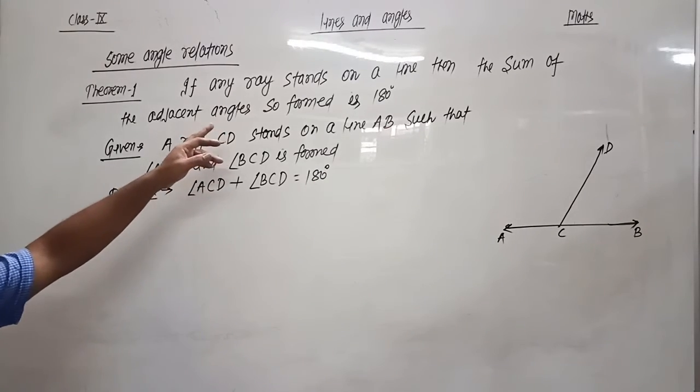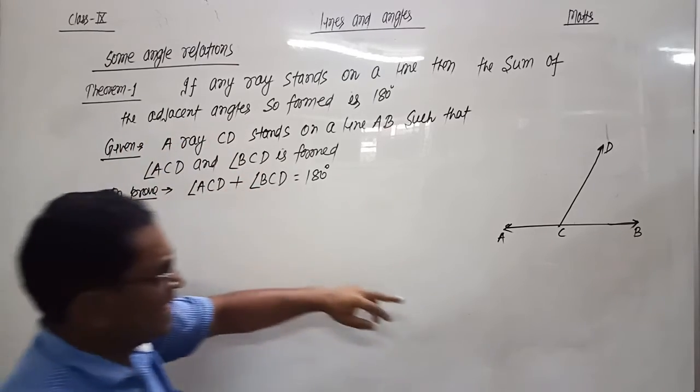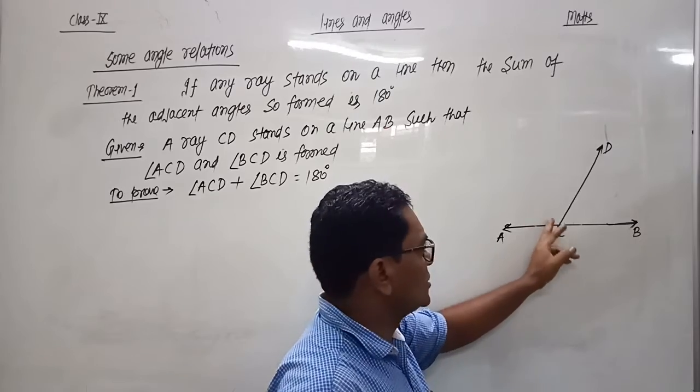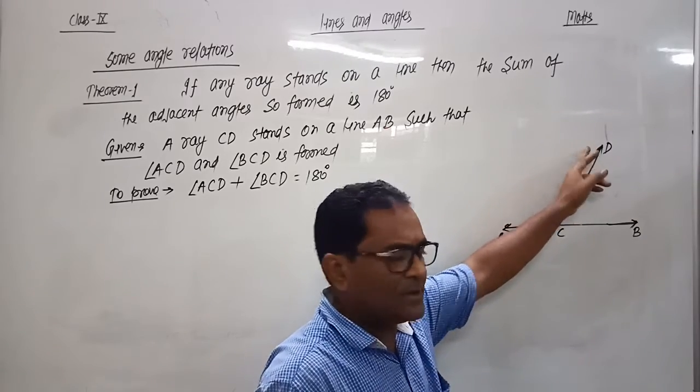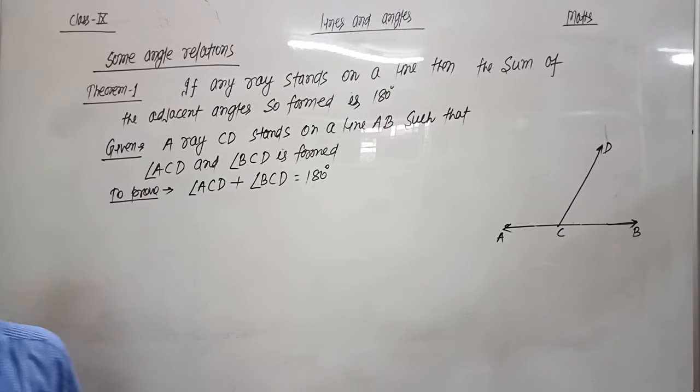The theorem says if a ray stands on a line, then the sum of adjacent angles is 180 degrees. These two angles are adjacent angles because CD is the common arm. This is what we have to prove.